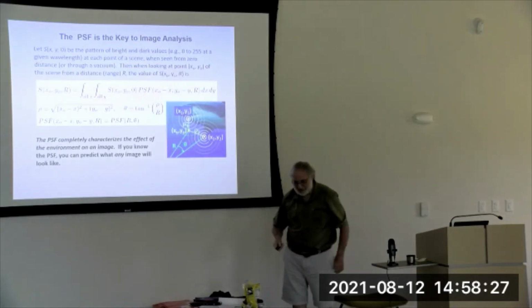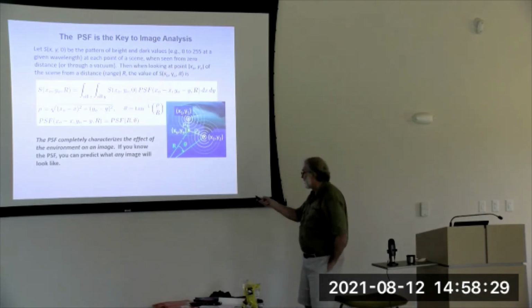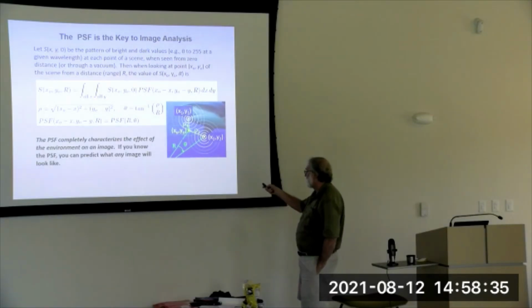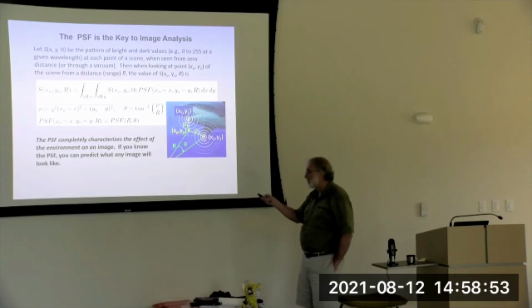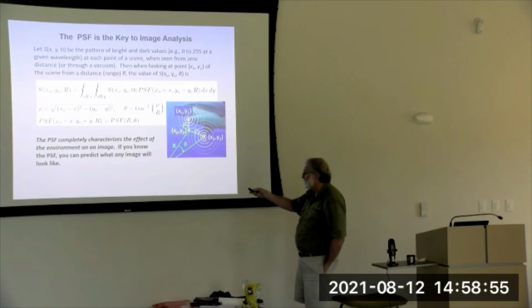So if you write this down, it says, look, I'm going to look at this point X naught, Y naught. And that's the light that's actually coming from there, but it's also being contributed to by the point spread function from all the other points X and Y in this whole image. So I have to integrate over the whole image to get the contributions of all of those other points to the point I'm looking at.